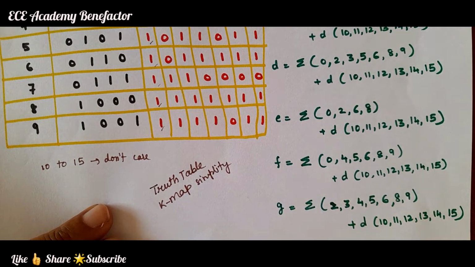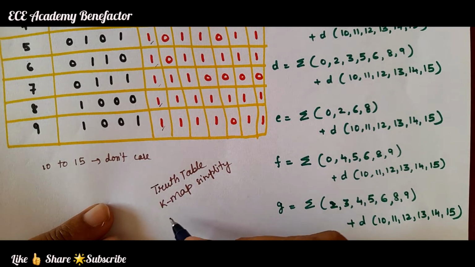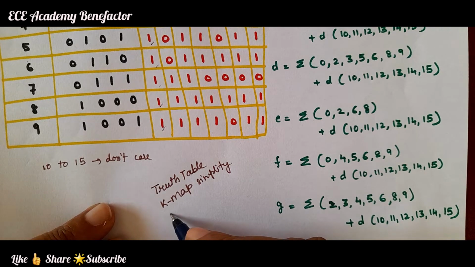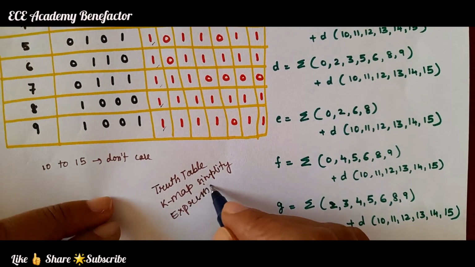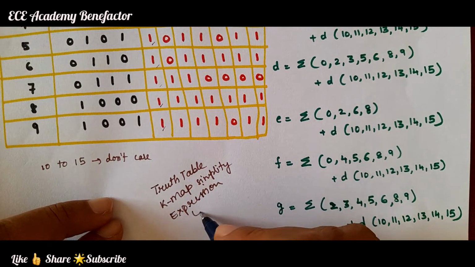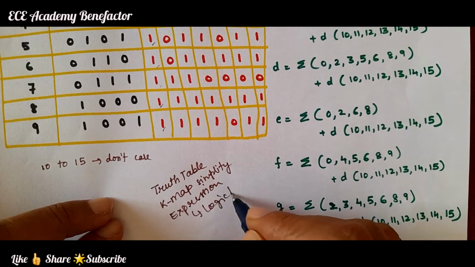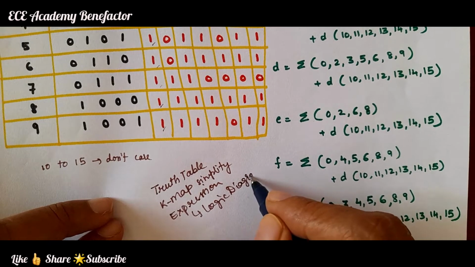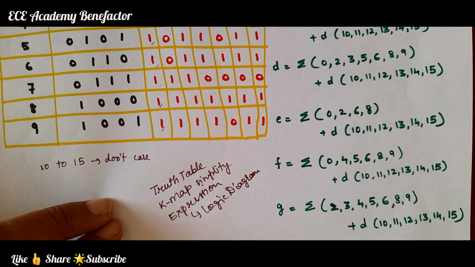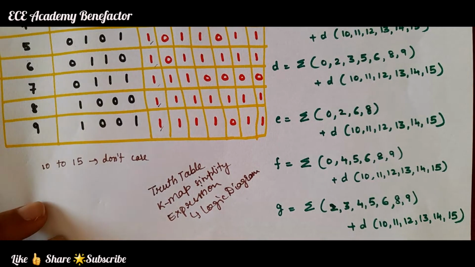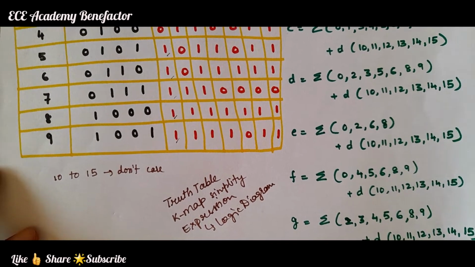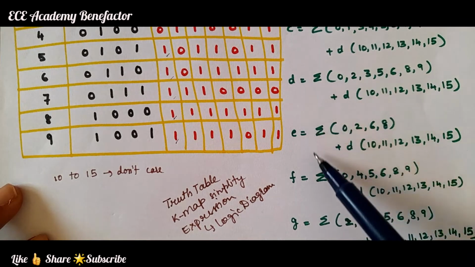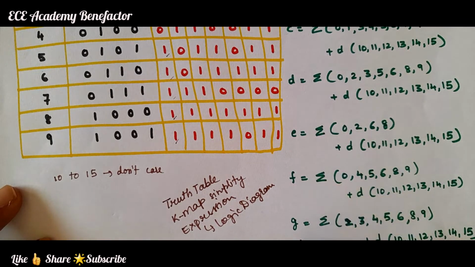After simplifying the K-maps, based on the simplified expressions obtained, we can draw the logic diagram of the BCD to 7 segment display. So, now let us see how to solve the K-map for A, B, C, D, E, F and G.